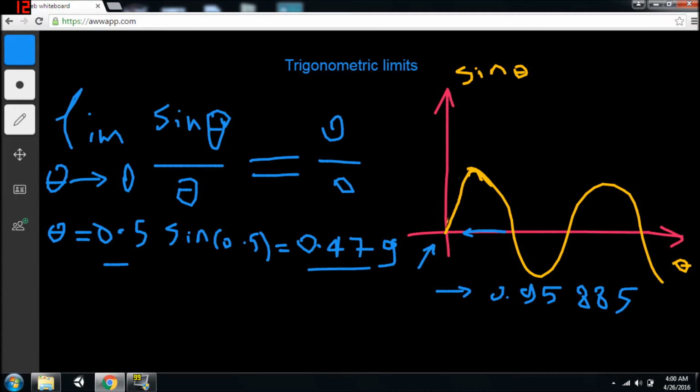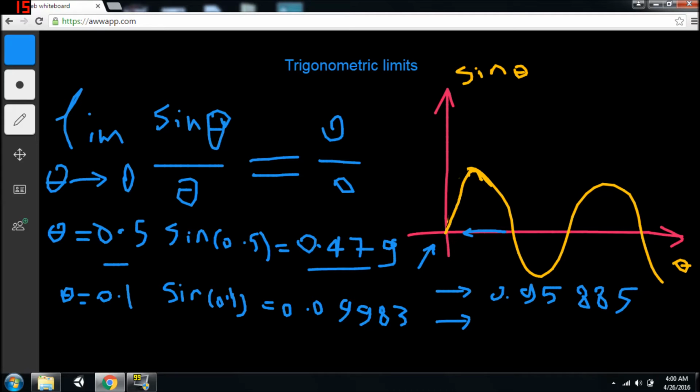Now let's evaluate our function again, the same way we did it here, but at theta equal to 0.1. We want to get closer to 0. Sine 0.1 is going to be equal to 0.09983.